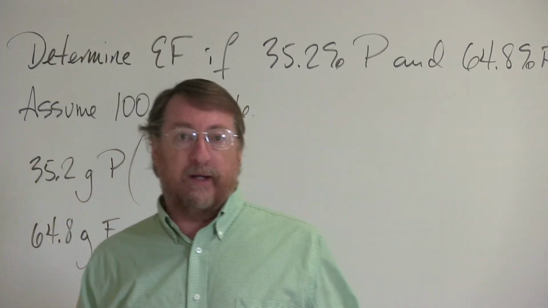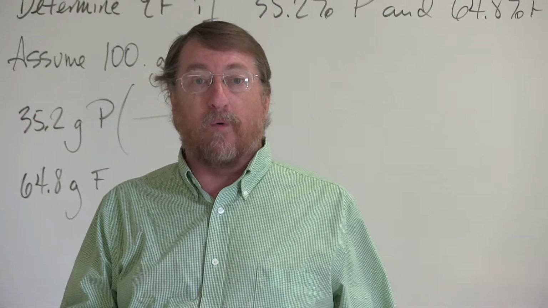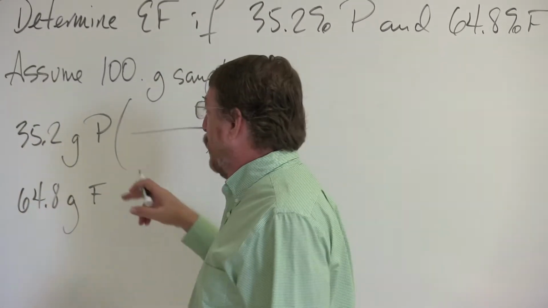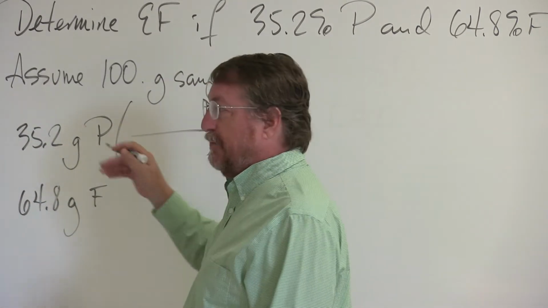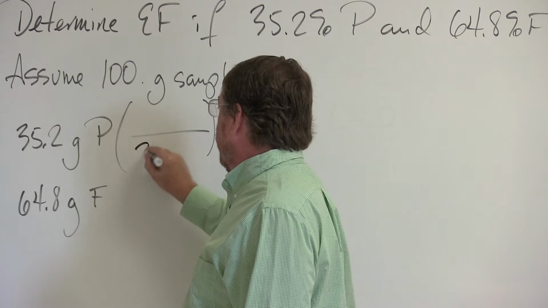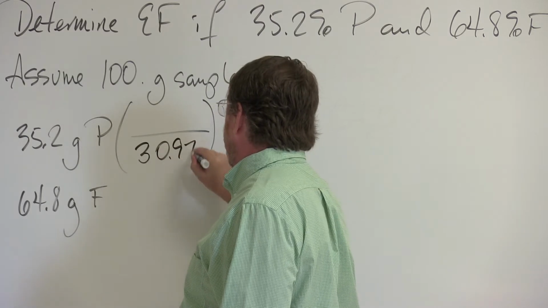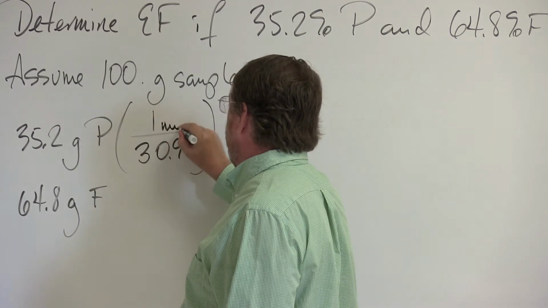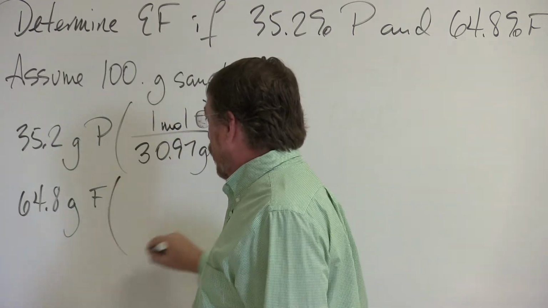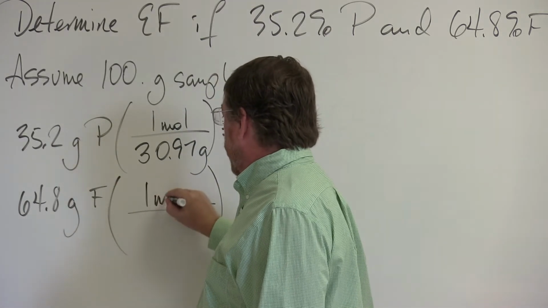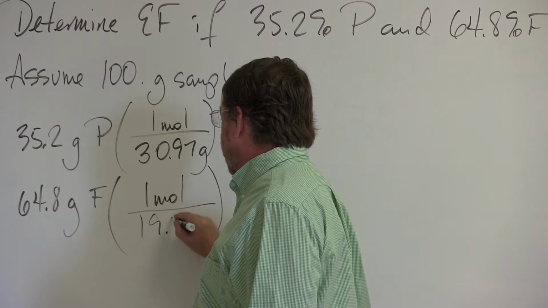Compounds are in atom ratios or mole ratios. So we're going to figure out the number of moles. Phosphorus's molar mass on the periodic table is 30.97. So we'll get that right off the periodic table. I'll go ahead and put fluorine down here. 1 mole of fluorine is 19 grams.